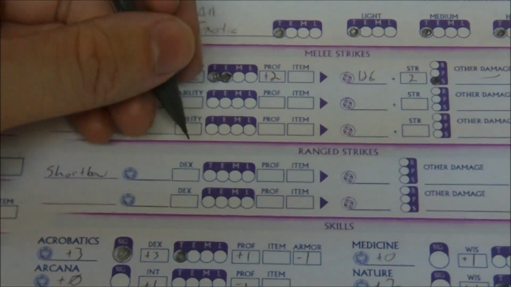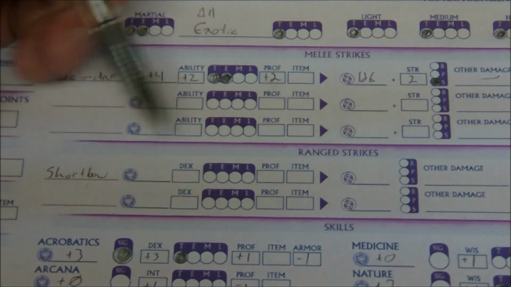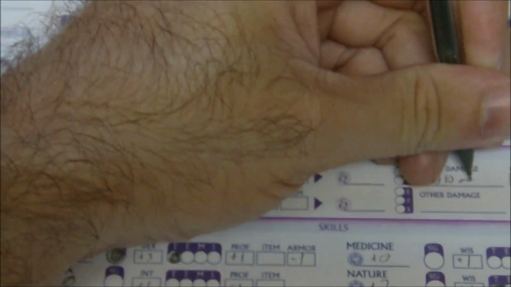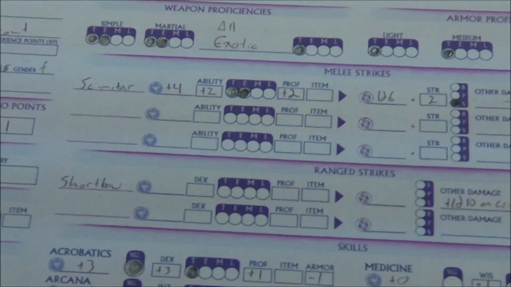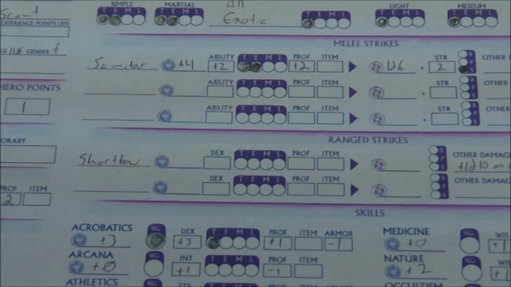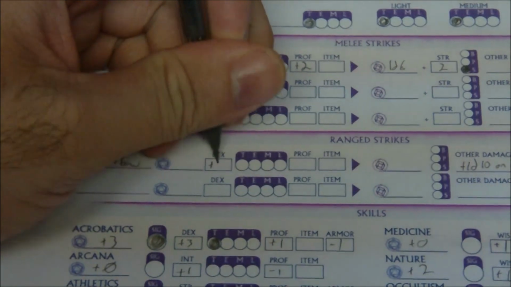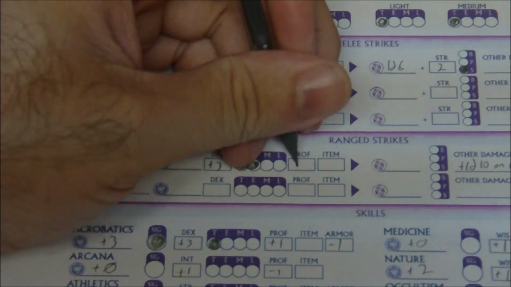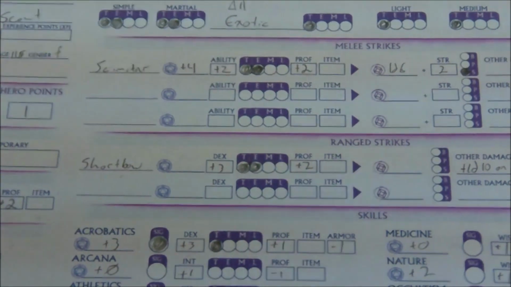Then we got our short bow. So I filled in short bow, and the range is 60 feet. Other damage is plus 1d10 on crit, because it's got deadly. Alright, so our attack bonus is our dexterity modifier, which is +3. And again, we are considered to be expert level training, which gives us a proficiency bonus of +2, our level +1.